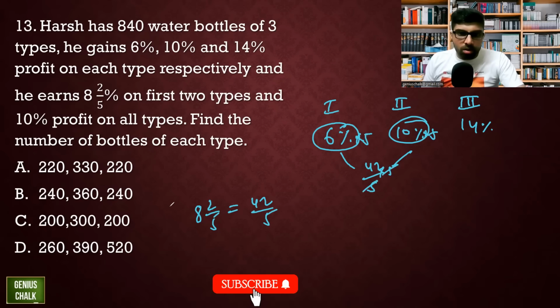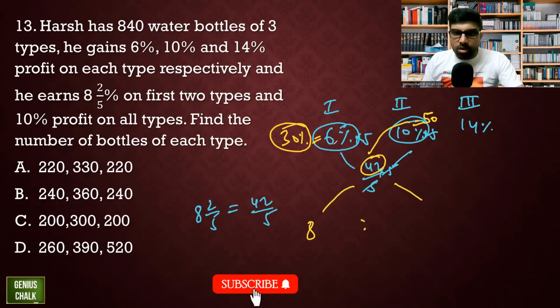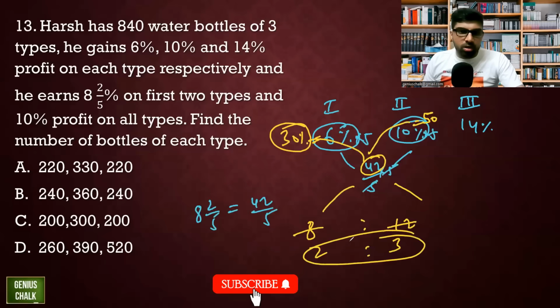So this becomes 30%, this becomes 50, this becomes 42. So 50 minus 42 is 8, 42 minus 30 is 12. So 2:3 is the ratio of the first and the second type.